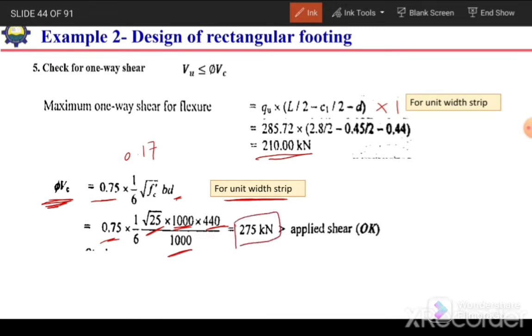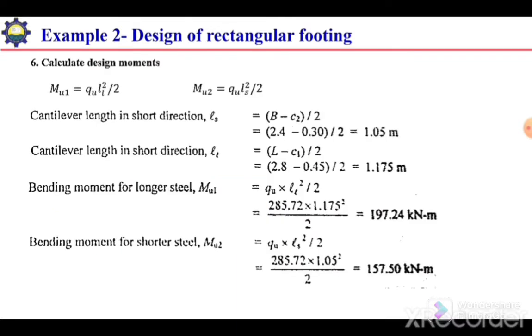So it will give us the value of the shear capacity of the footing slab. It is 275, and this 275 is more than 210, the applied shear. So it means the capacity of the section against one-way shear is more than the applied one-way shear. So our selected depth of the footing is adequate to resist the one-way shear as well.